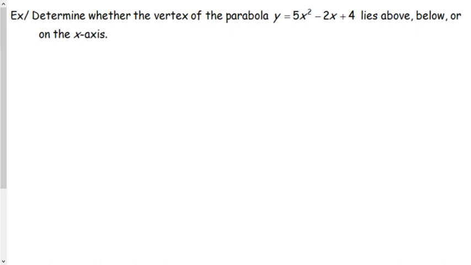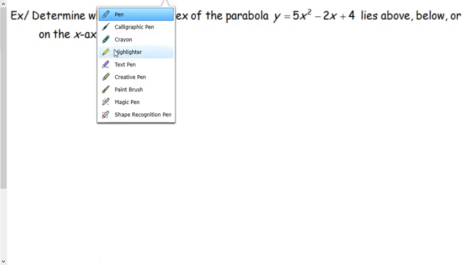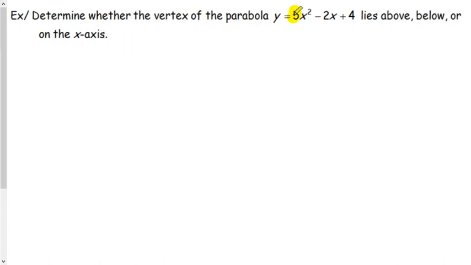First of all, let's have a look at our equation. The a value tells me whether this opens up or opens down. The a value is positive, so that tells me it opens up. So it's like a smiley face shape, right?